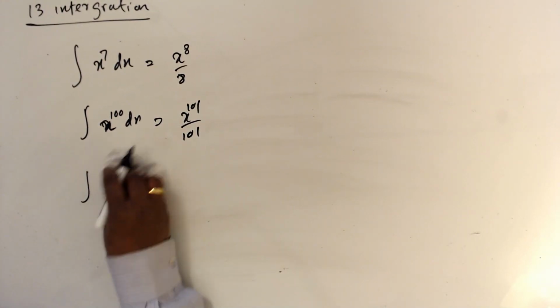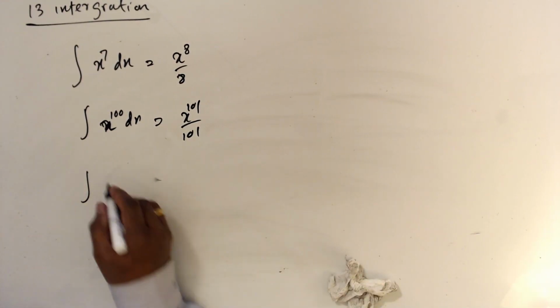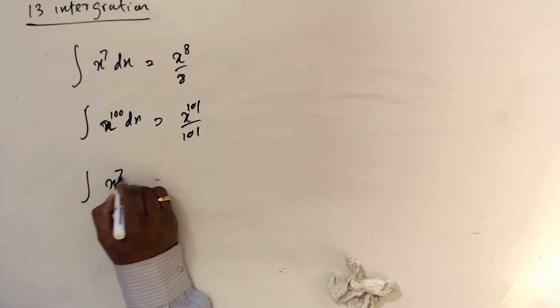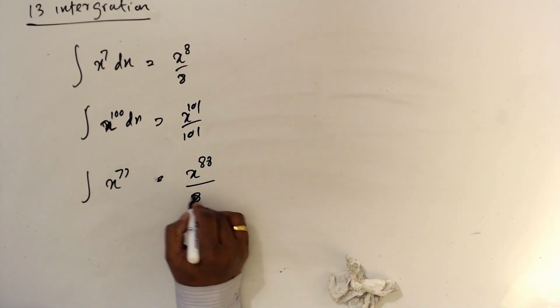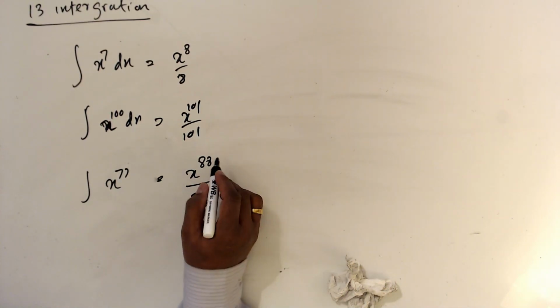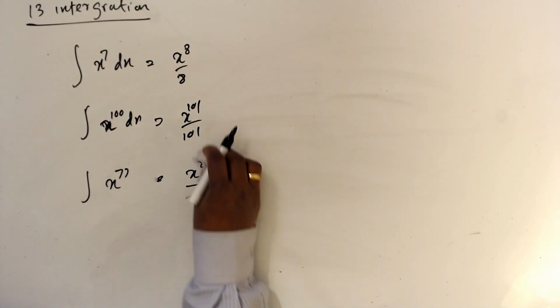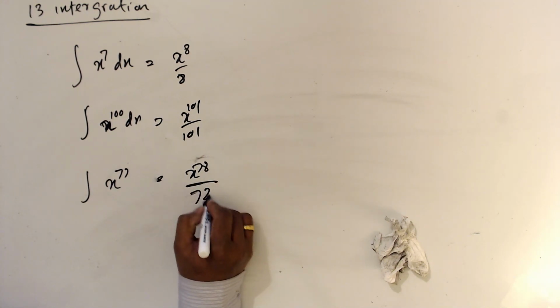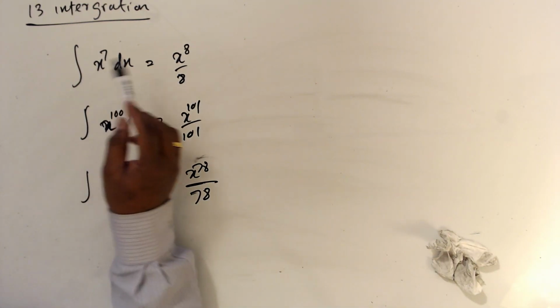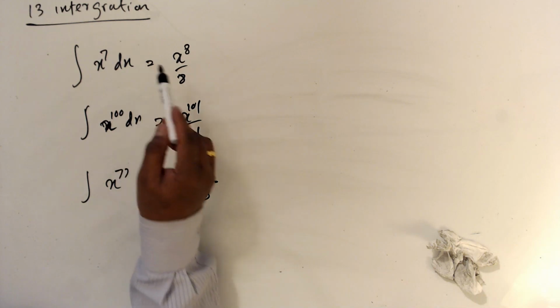Okay, I'm not going to that yet. x to the power 77, the answer is x to the power 78 over 78. Now can you see the difference? How did I do this?